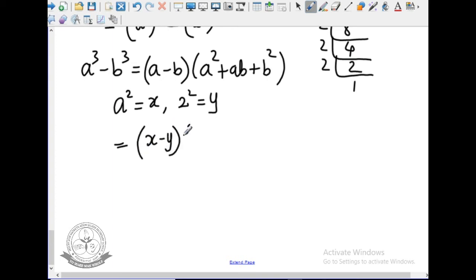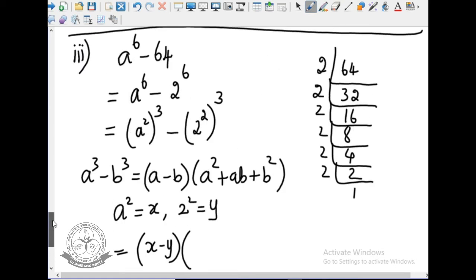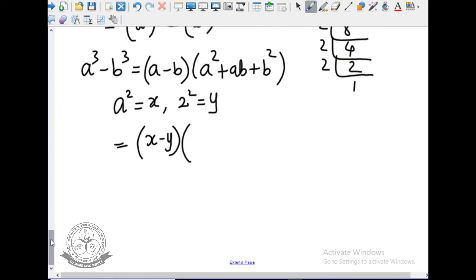Then the formula: a square is equal to x, so x square plus xy plus y square.